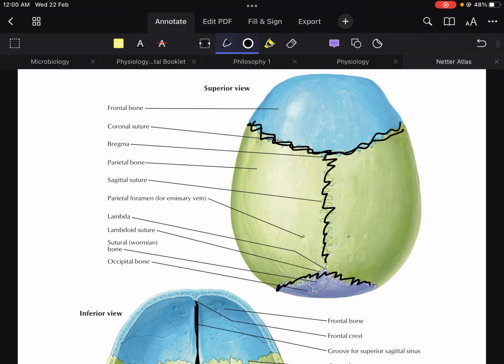The advantage of these sutures is, for example, if any infection happens here in the frontal bone, in the periosteal layer. Os in Latin means bone.